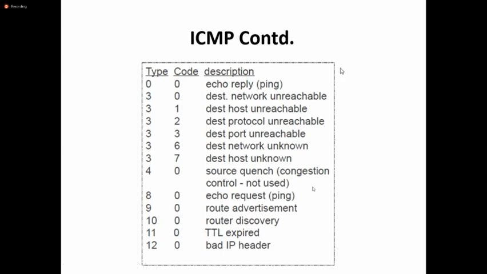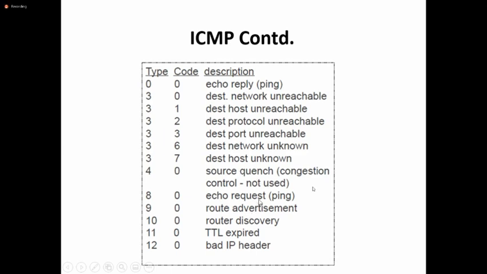Sometimes you might get destination network unreachable if that network cannot be contacted. In my case, I used my own network IP range, so it shows that the destination host or device is unreachable. You might get these errors depending on the situation.